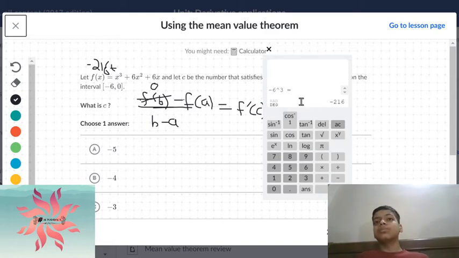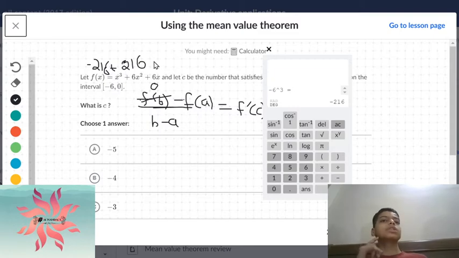This will be, because negative 6 squared is 36, 36 times 6, plus negative 6 times 6.